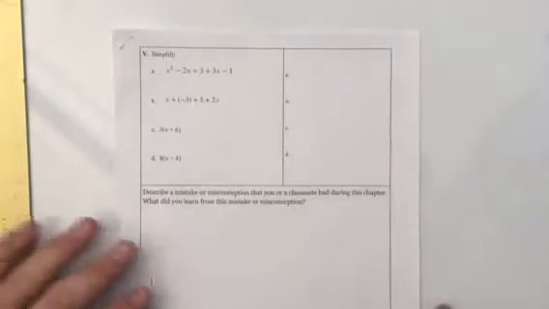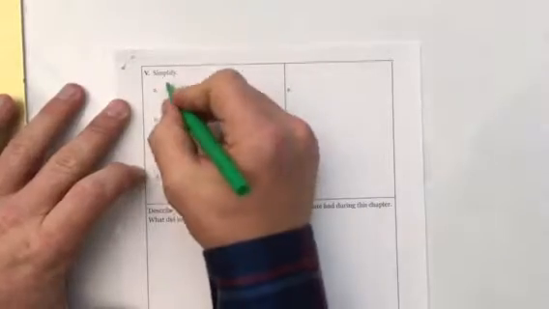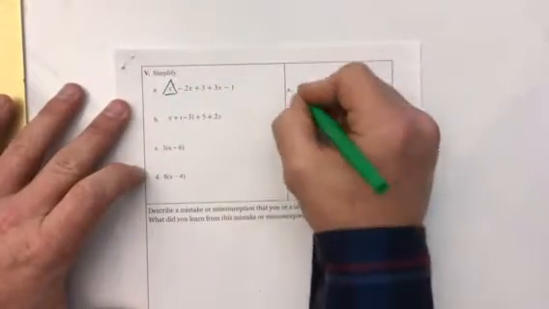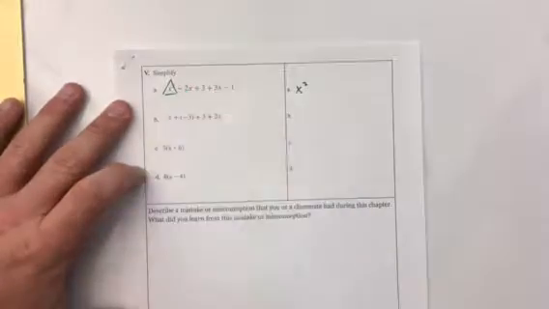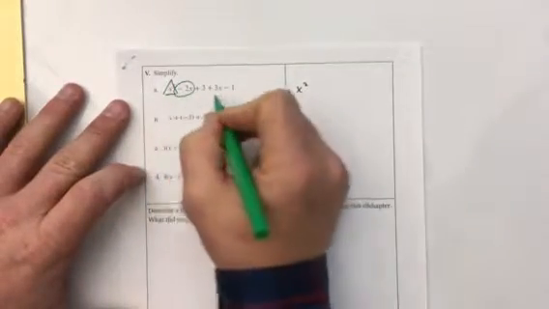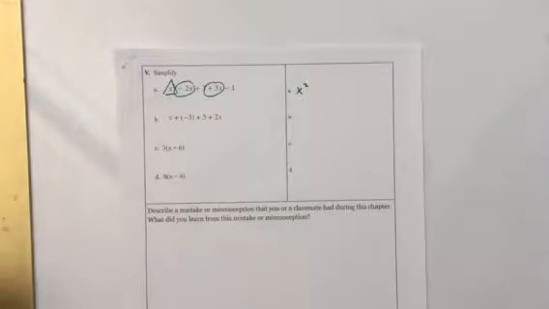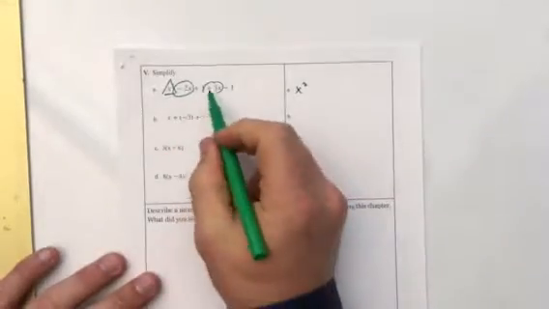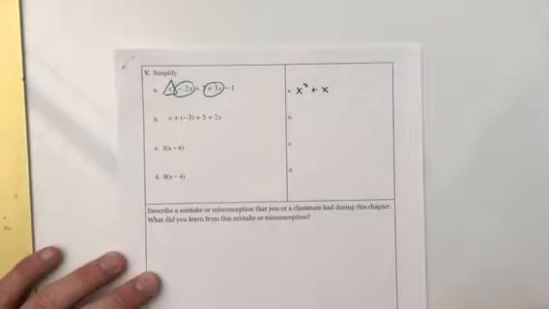All right, number 5, simplify. Let's see, there's only one x squared, so that's going to go straight over. Remember, capture the sign before, so minus 2x plus 3x. If I have 2 negative x's and 3 positive x's, I can make 2 pairs with the 2 negatives and 2 of the positives, and I'm left with 1 positive x.